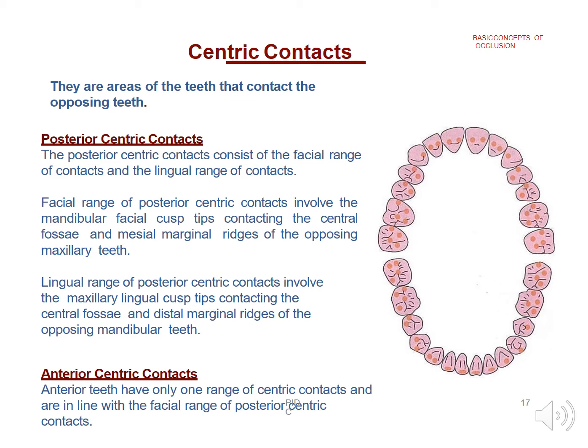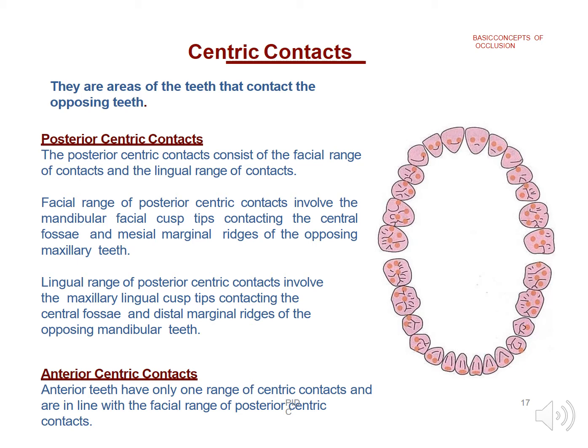Centric contacts are areas of the teeth that contact the opposing teeth. There are three types of centric contacts, which are the posterior, anterior, and podded. Posterior centric contacts consist of the facial range of contacts and the lingual range of contacts of the posterior teeth. The facial range of posterior centric contacts involves the mandibular facial cusp tips contacting the central fossae and mesial marginal ridge of the opposing maxillary teeth.